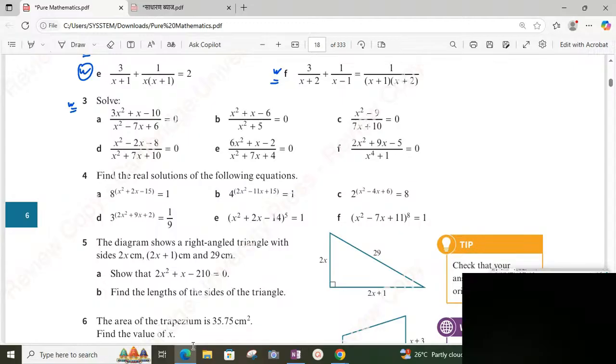When denominator multiplied by 0, then we get 3x square plus x minus 10 equal to 0. Let's see the solution.